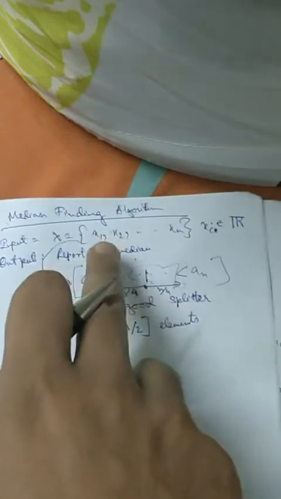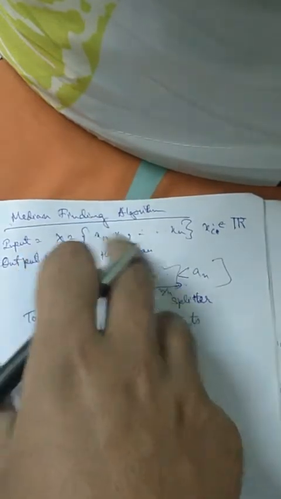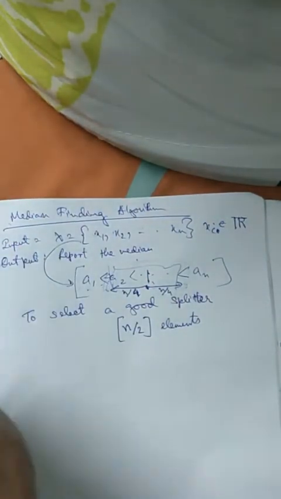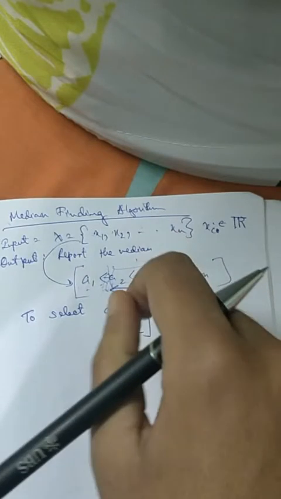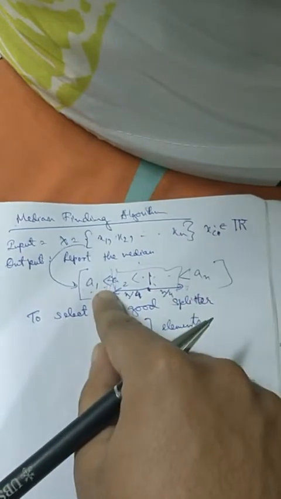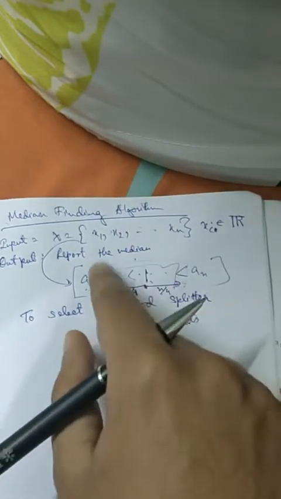What we'll do is we randomly choose one element as a splitter, and we'll check if this element is within this part.